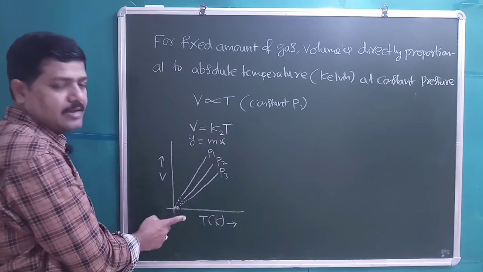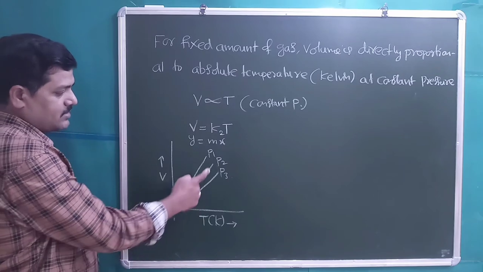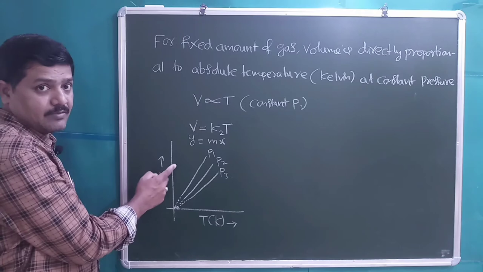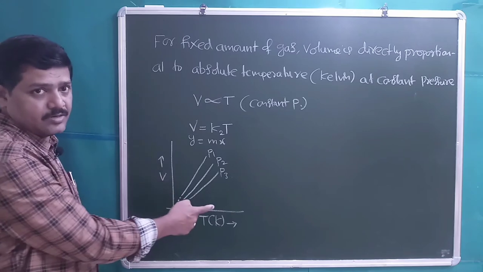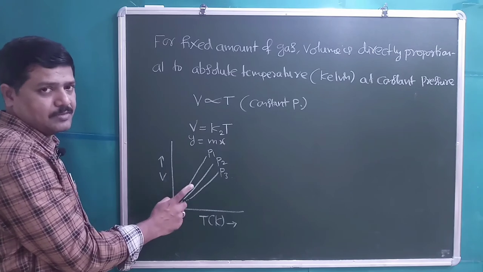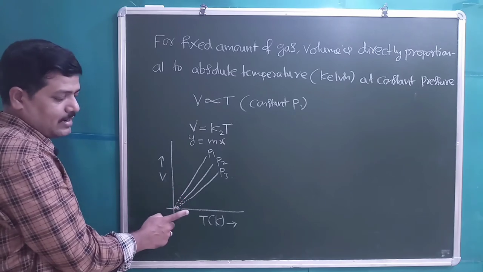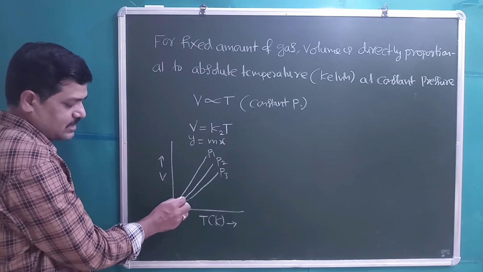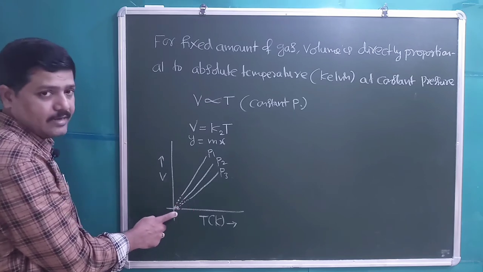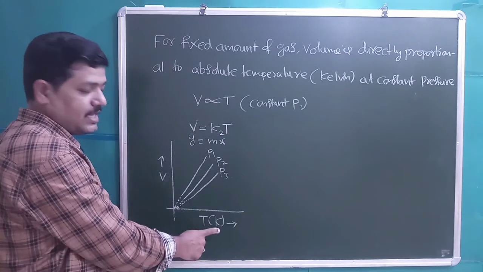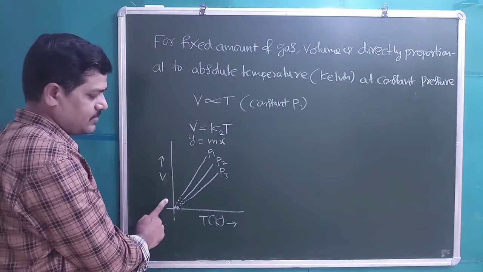But in the practical case, when we decrease the temperature, the gas will convert into liquid, then into solid state, if it is possible. The volume cannot be 0, so that's why we are representing it with the dashed line. Volume of the gas cannot practically be 0, but theoretically it is 0.